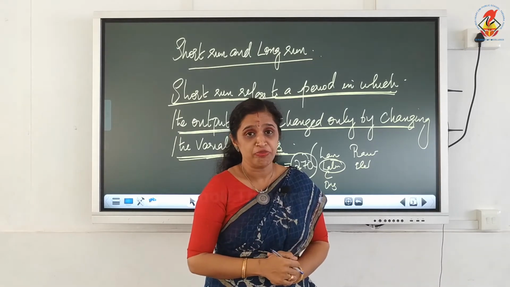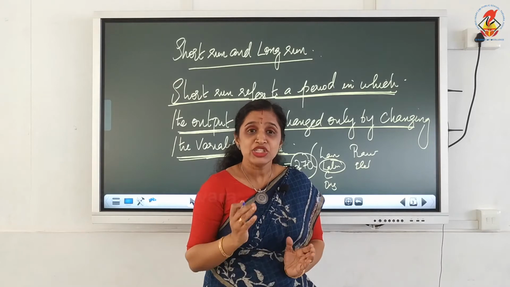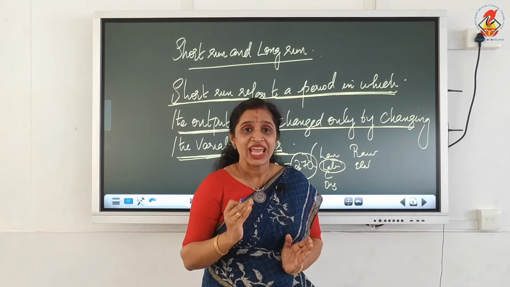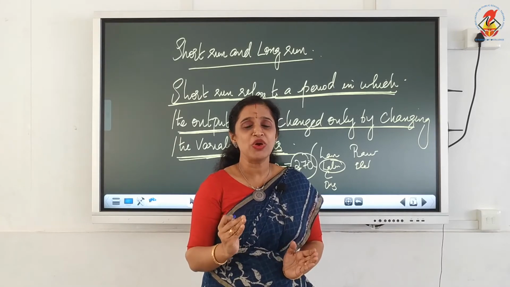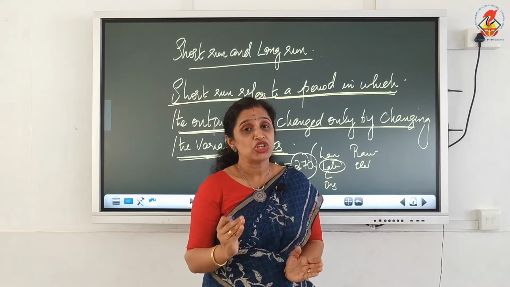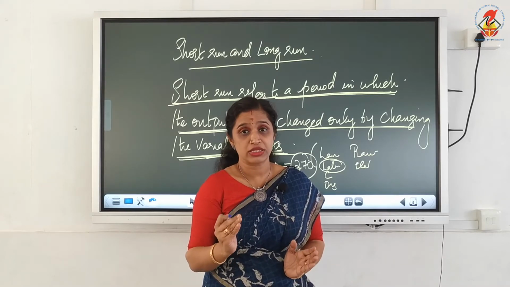That kind of time period is known as a short run. It is only for a short period of time, the existing time period. Short period of time, or short run, or existing period.